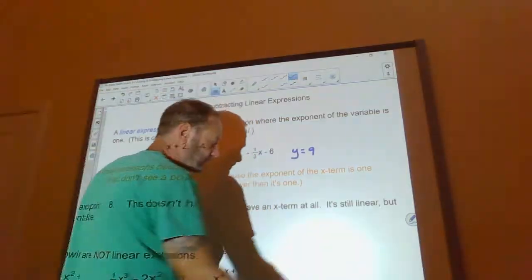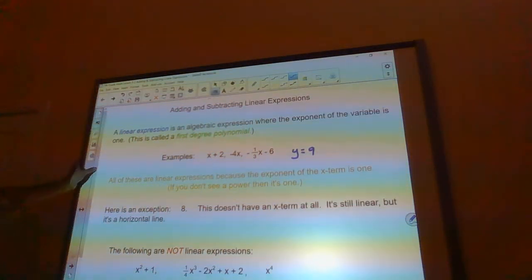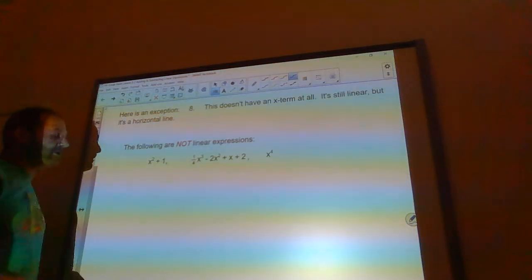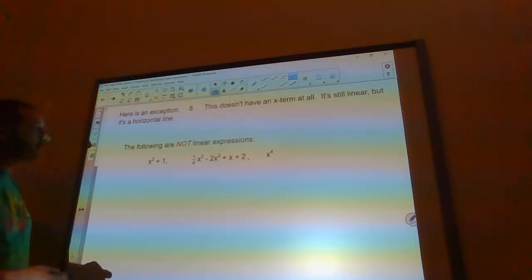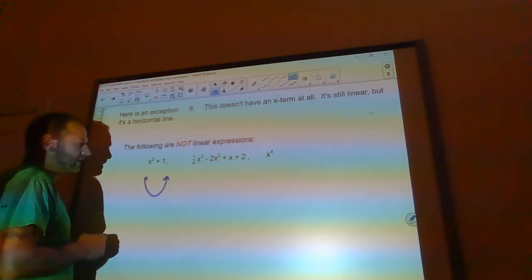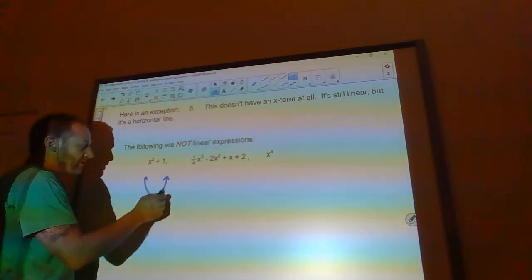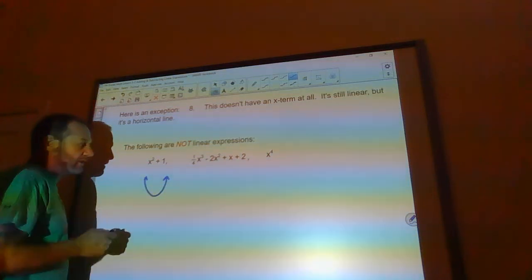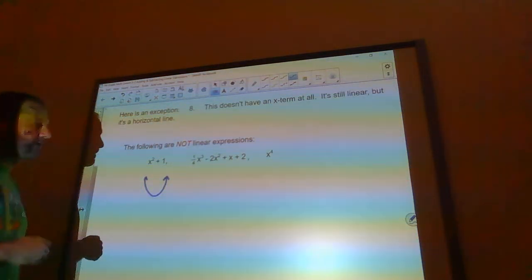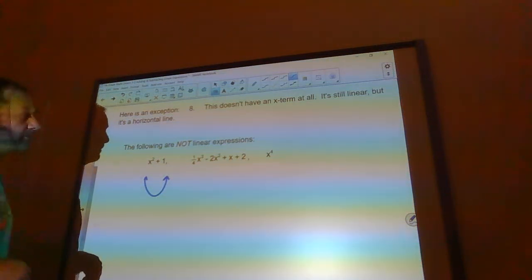Okay, so these things are not linear expressions. x squared plus 1. As you're going to find out later, this is a parabola that looks like this. It's not a line, it's not linear, it's curved because that's a squared right there. 1/3 x cubed minus 2x squared plus x plus 2.